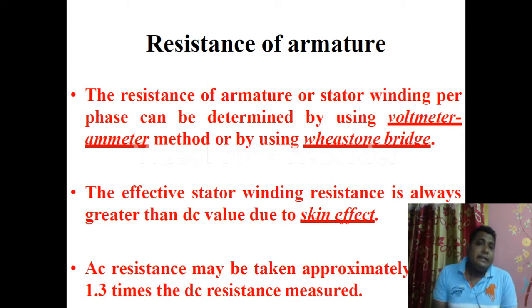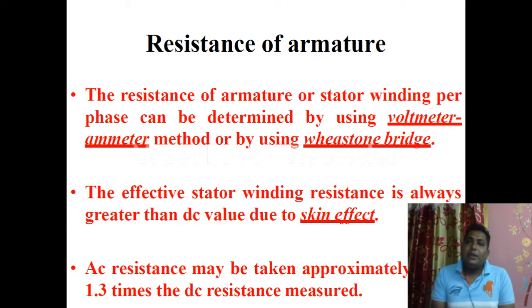We will just apply Ohm's law, that is V is equal to IR, so R is equal to V by I. From there we can find out the resistance of the particular circuit. So here the DC supply will be given to the alternator armature, and then we will find out the voltage and the current, and from the voltmeter reading and ammeter reading, we can find out the resistance of that particular alternator.